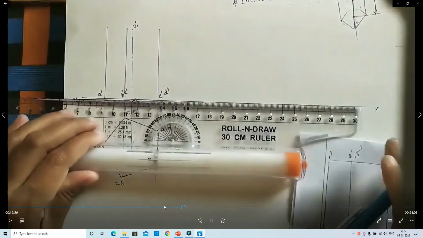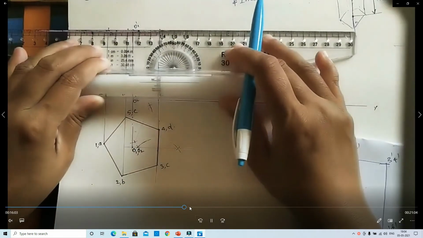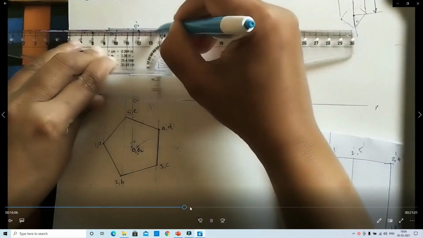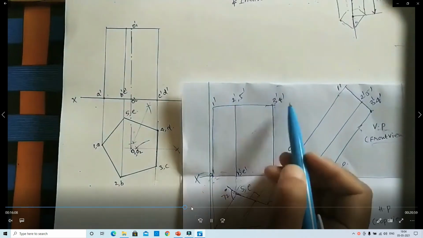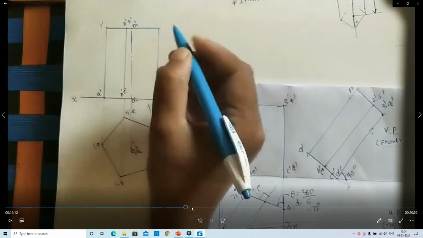In this way, the axis length is 60 mm. You draw the vertical lines with the help of the scale, that 60 mm length, and you join them. That is the front view of the pentagonal prism.